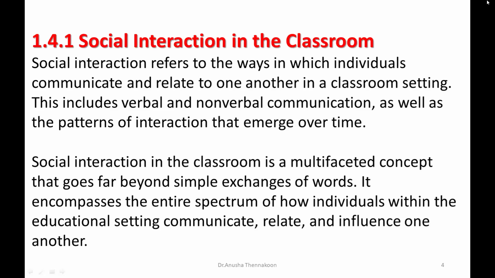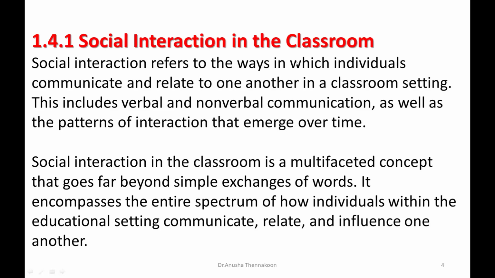Normally when we see the word social interaction, we may feel it's a broad area, true. But in the field of education, social interaction refers to the way individuals communicate and relate to one another in the classroom setting.